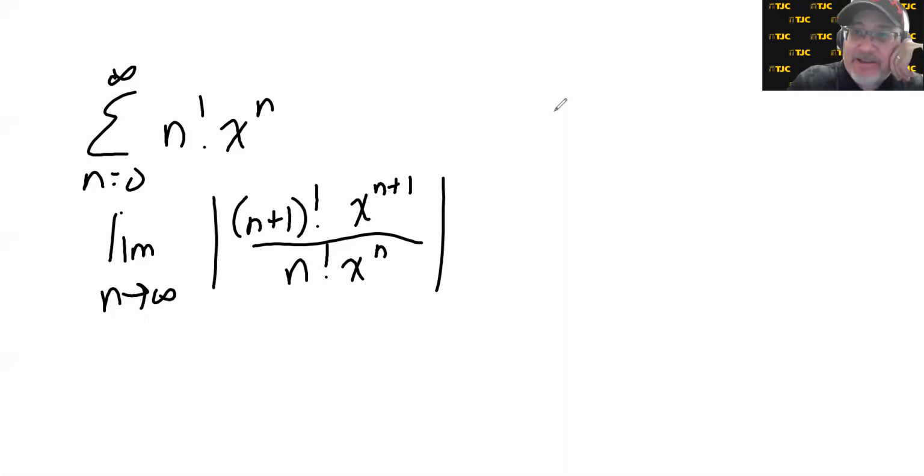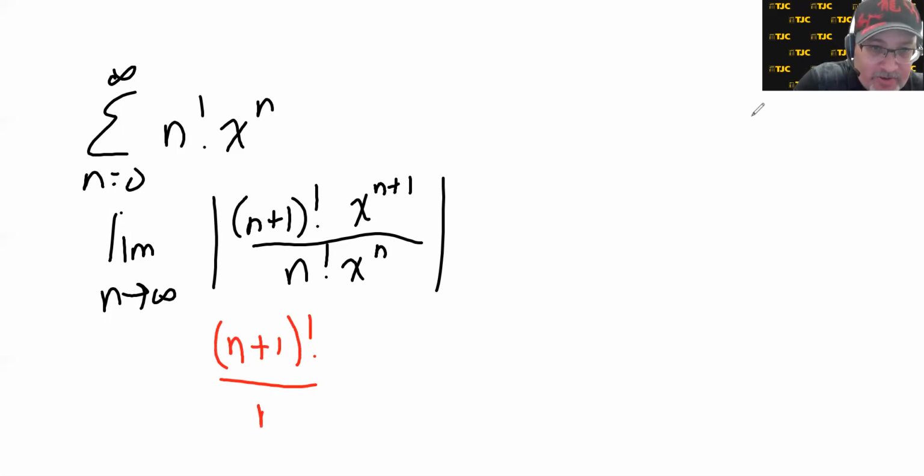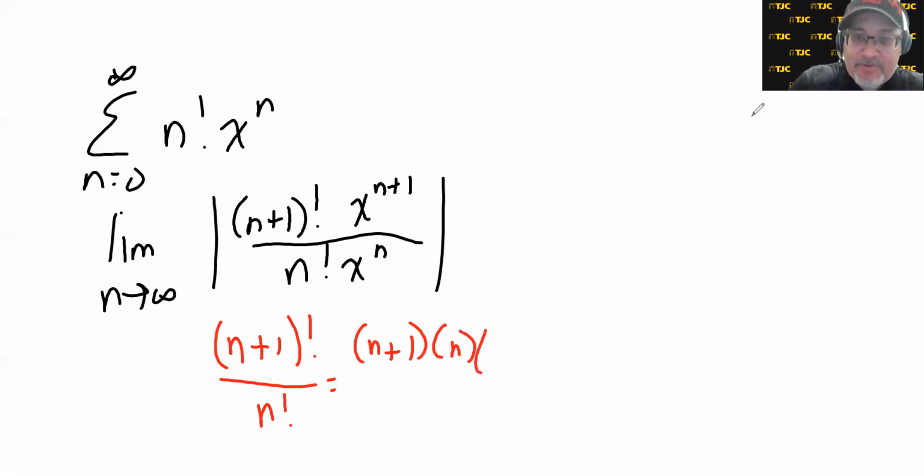So how do we do that? Well, first off, we need to think about the factorials. You will see a lot of ratios of factorials when you do the ratio test, so it's important to be able to play them out correctly. For example, n plus 1 factorial means n plus 1 times the number 1 less than that, which is n, times the number 1 less than that, which is n minus 1.